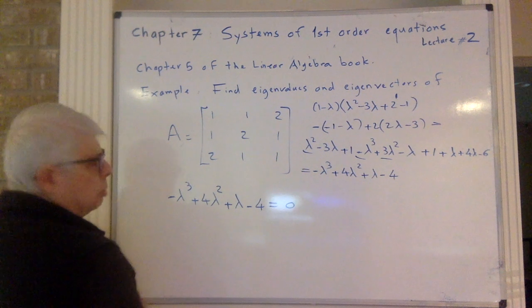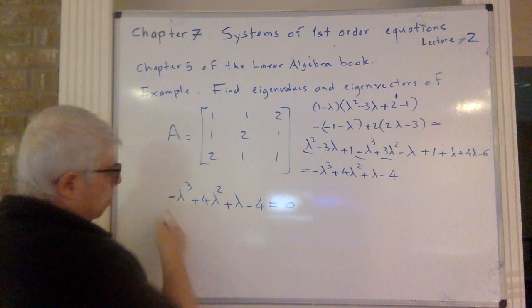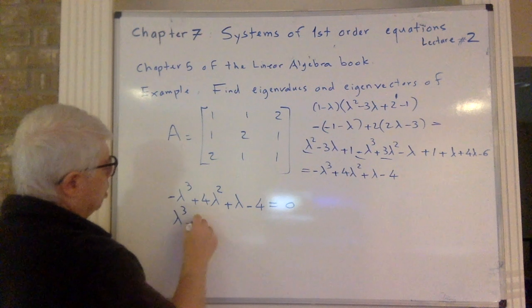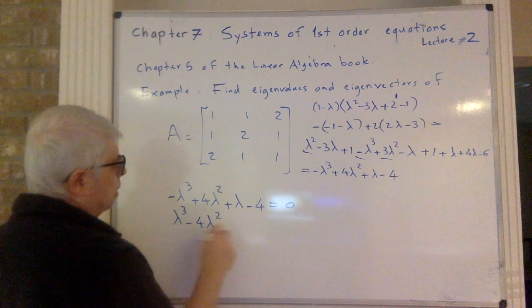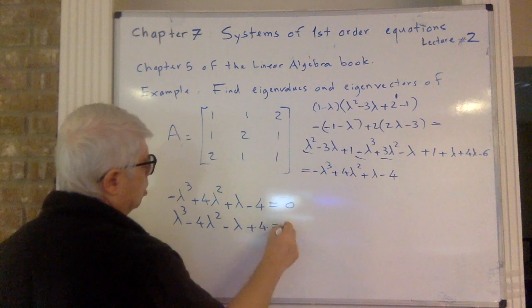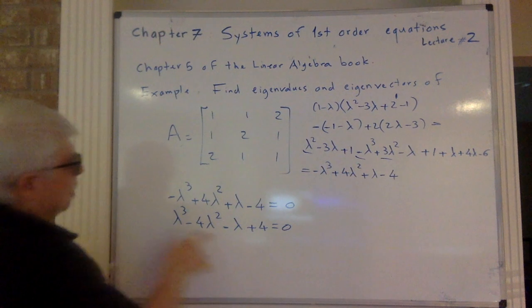So let's multiply this by negative 1. So we get rid of this negative. I don't like negative. So it's lambda cubed minus, that's why I was just thinking this can't be. Minus lambda plus 4. Okay, that makes sense.